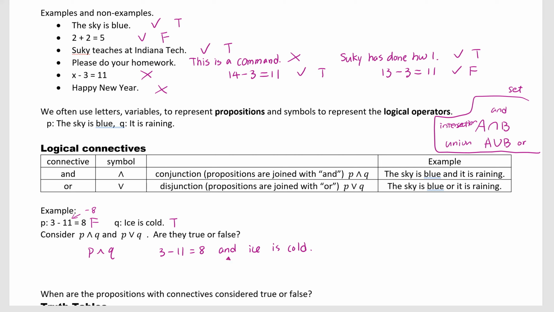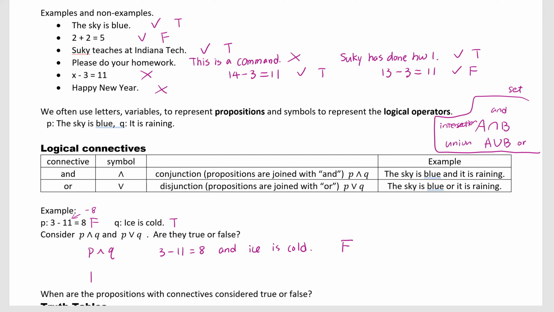So when you see the and, this statement is only true when both of the two propositions are true. But in this case, we have 3 minus 11 equals 8, which is false, and the other one is true. So the P and Q, the result is false.